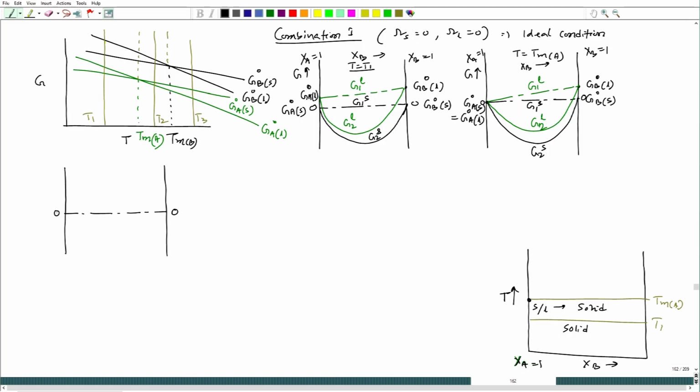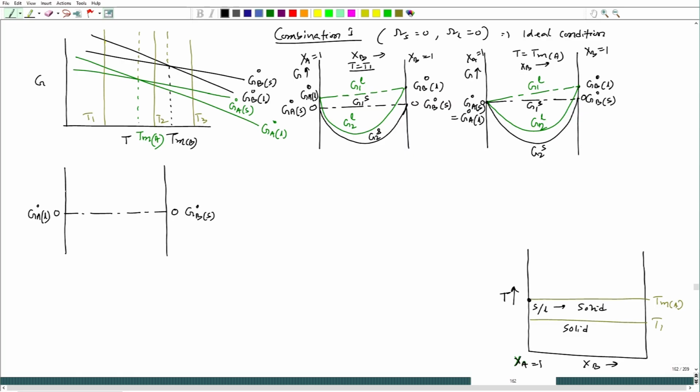we see this is 0, 0, and this reference point we can consider: G B naught solid would be considered as 0. Now, G A liquid would have lower free energy as compared to G A solid. So, we can put G A naught liquid to be 0, that reference value we can assign.